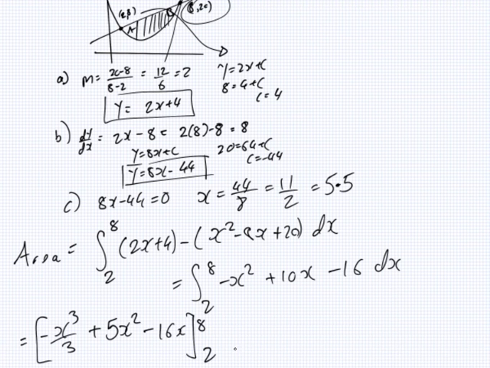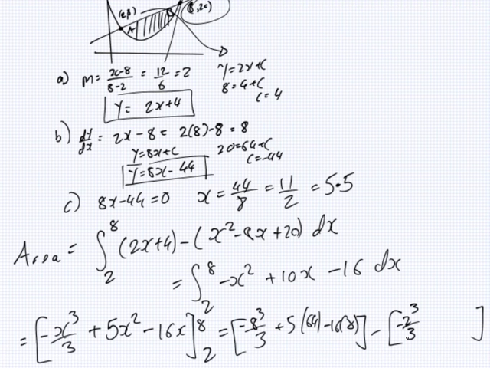Yeah, and we put in 8 and 2. It'll be minus 8 cubed over 3 plus 5 times 64 minus 16 times 8, minus, 2 cubed over 3 plus 5 times 4 minus 32, and it comes out at the end as 36.